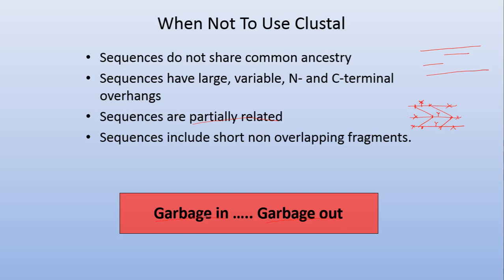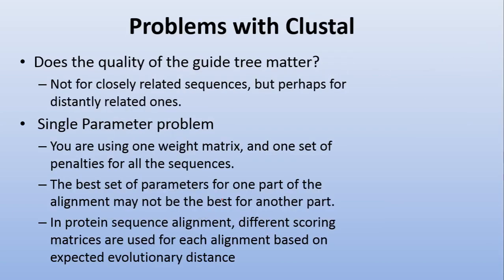Okay, that is it. Now let us discuss what the problems with Clustal are. Does the quality of the guide tree matter? One might ask: will the quality of the guide tree somehow affect the quality of my multiple sequence alignment?